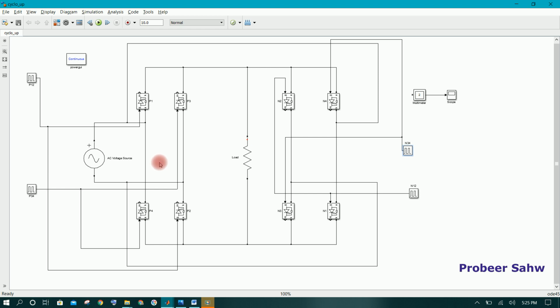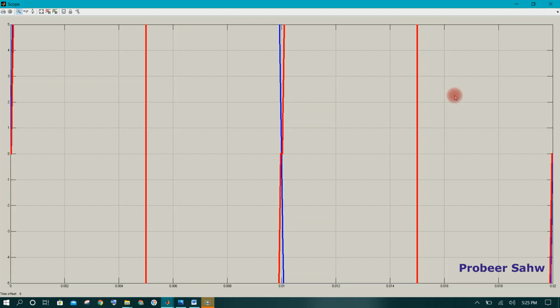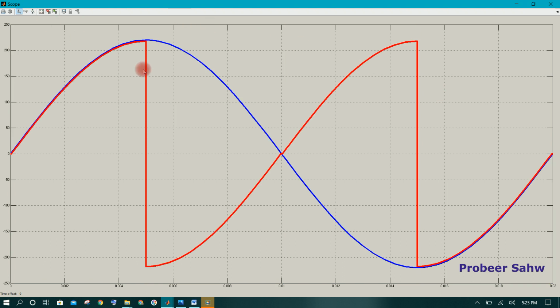We'll run this simulation for only one cycle of the supply, which is for 0.02 seconds. Now let us run our model. It is compiling. It has been simulated. Now let us double click on the scope to check the output.